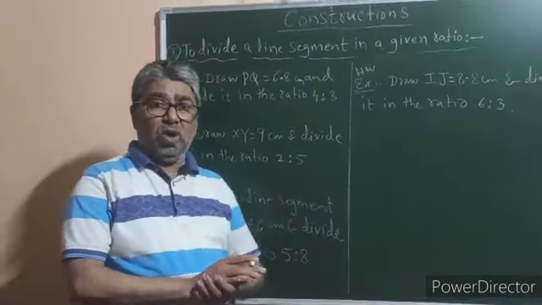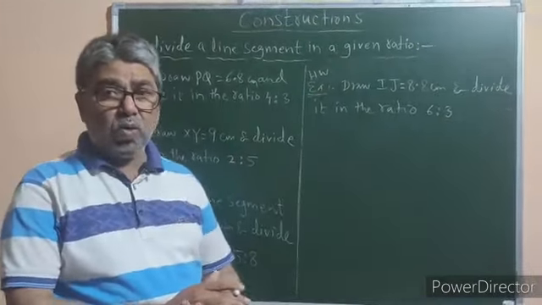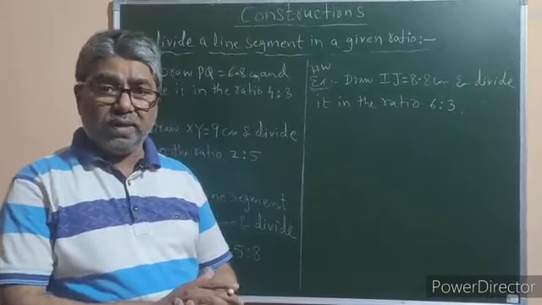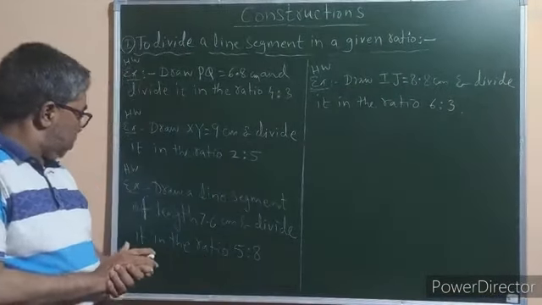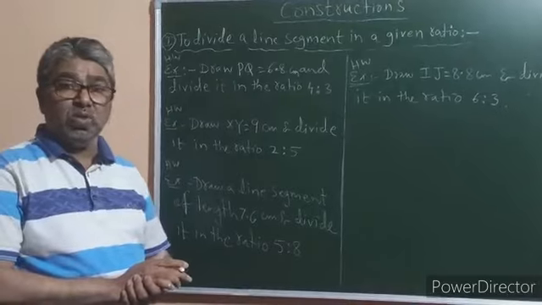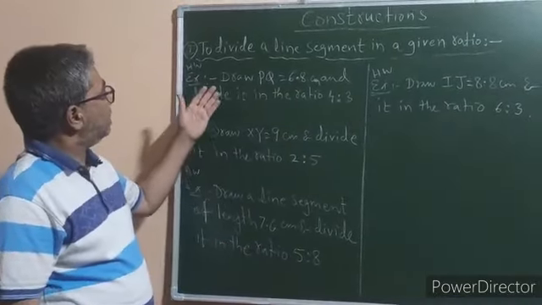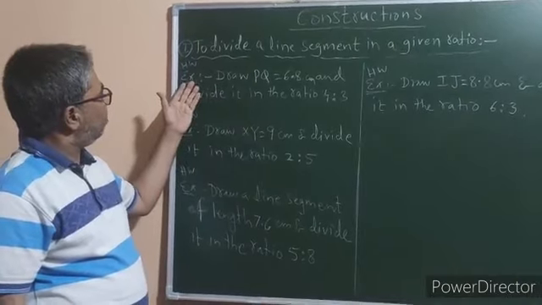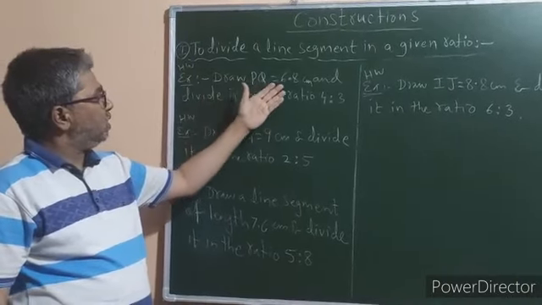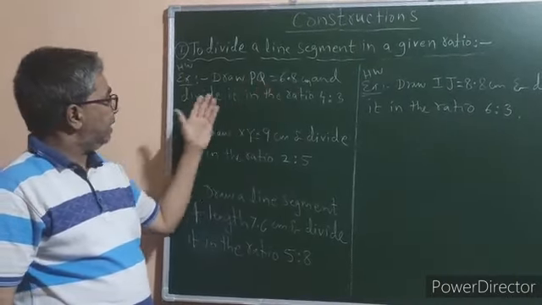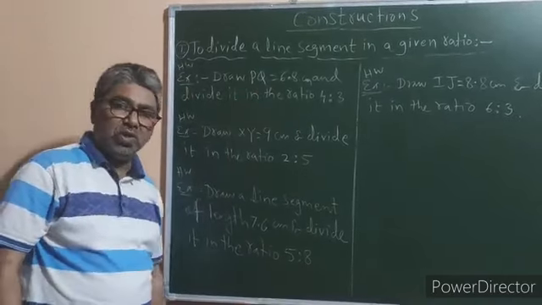Dear students, I have solved 4 examples. Now looking at those 4 examples, I hope you will be able to solve these, which I have given you as homework. The example 1 is draw PQ equal to 6.8 centimeter and divide it in the ratio 4:3.